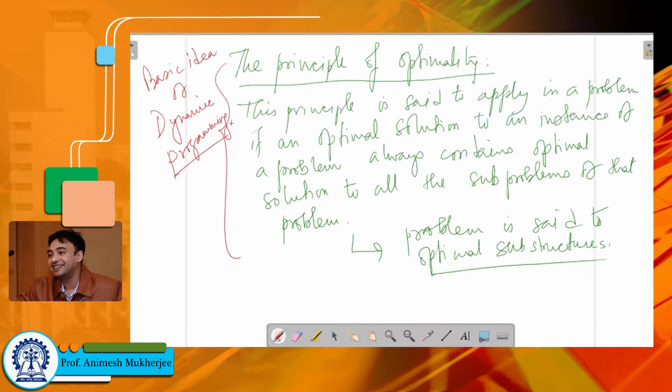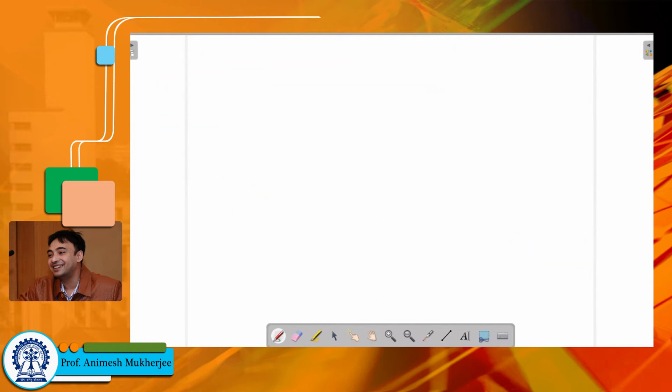Okay. We will start with a graph example. Since we have been doing a lot of graphs and trees for quite some time, we will continue that, and we will see how a very important problem in graphs can be solved using a simple dynamic programming approach.